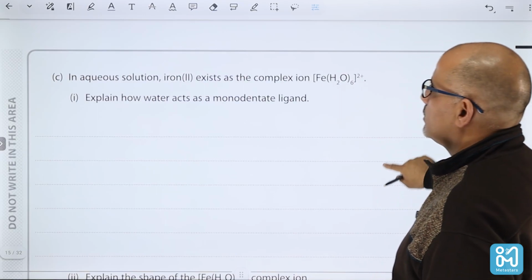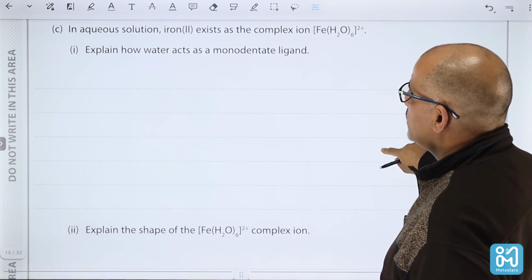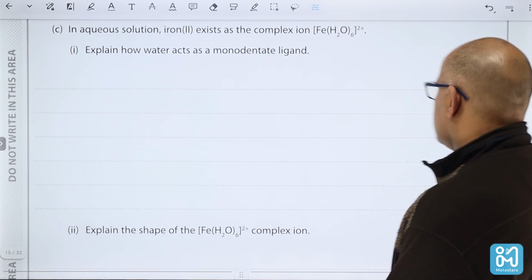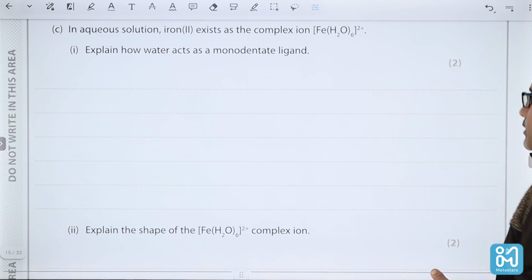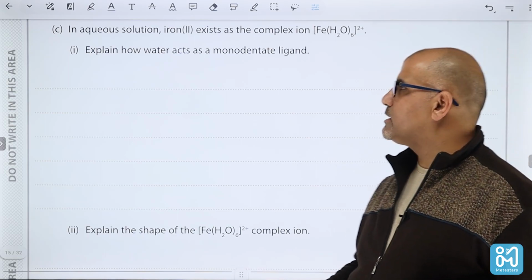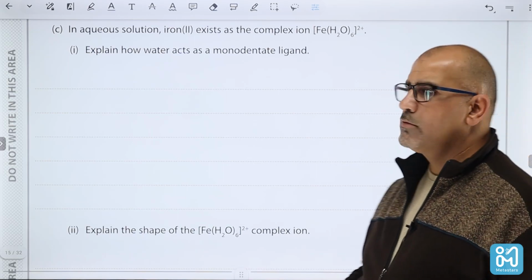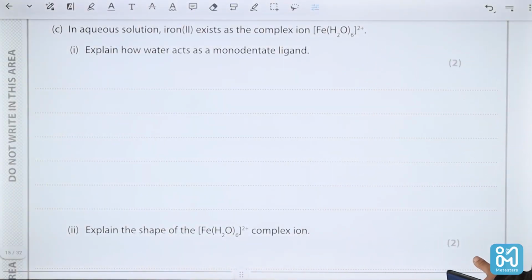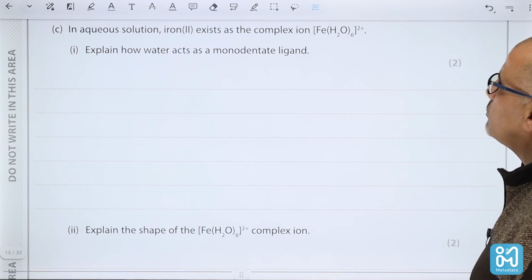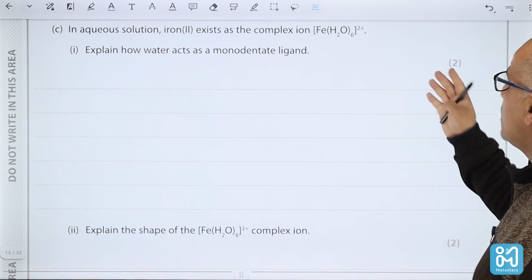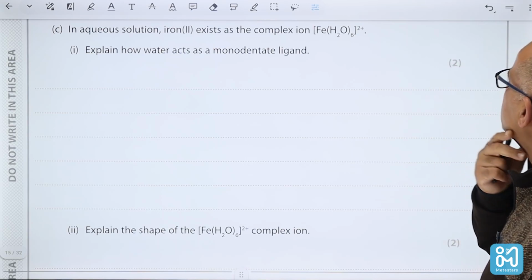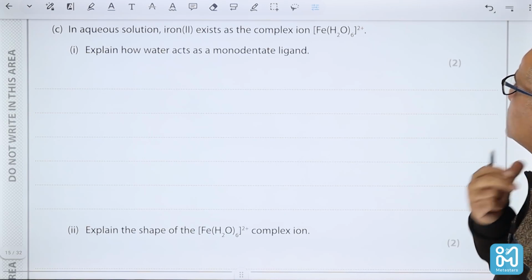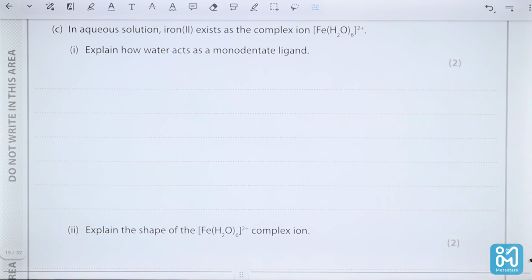Now, in aqueous solution, iron 2 exists as a complex ion, Fe(H2O)6 positive 2. Next idea is saying how the water acts as a monodentate ligand.